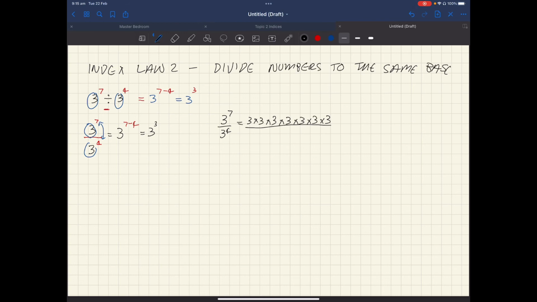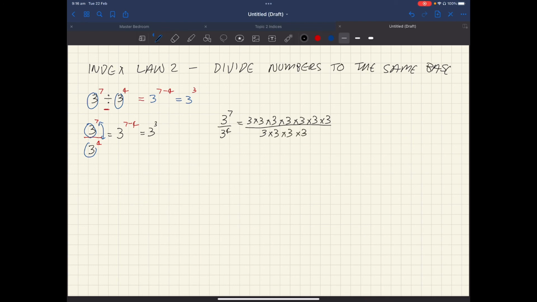I then divide that by 3 to the power of 4, which is written in expanded form by multiplying 3 together 4 times. 3 times 3 times 3 times 3.